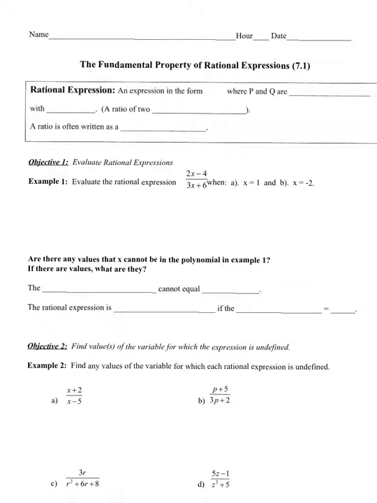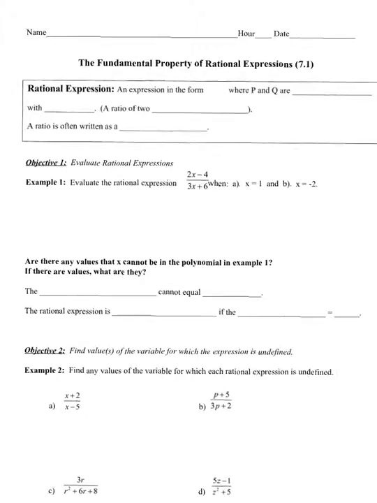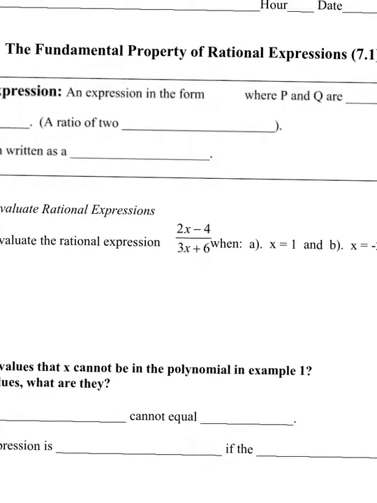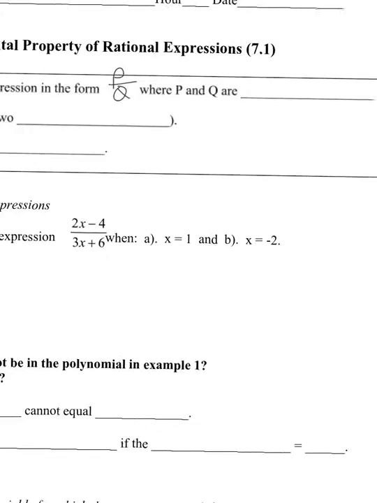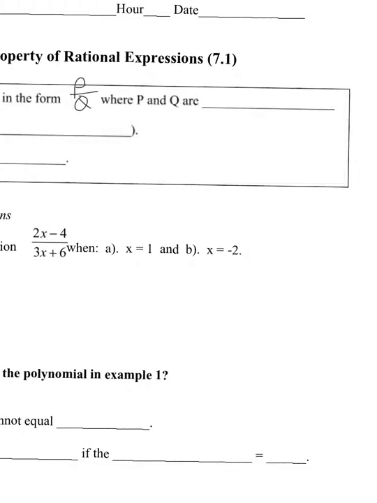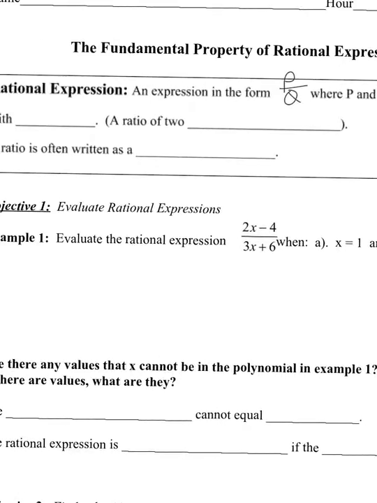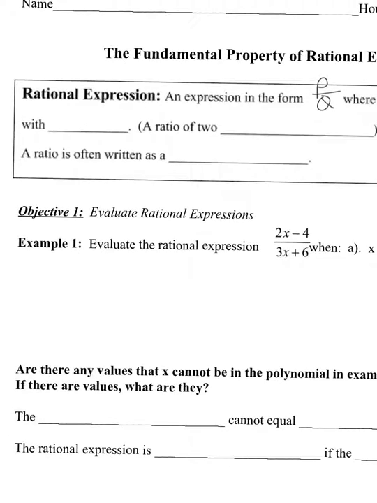Let's first start out with what a rational expression is. It is an expression in the form P divided by Q, where P and Q are polynomials, and Q cannot equal 0.